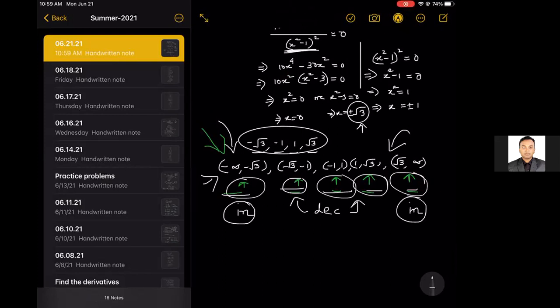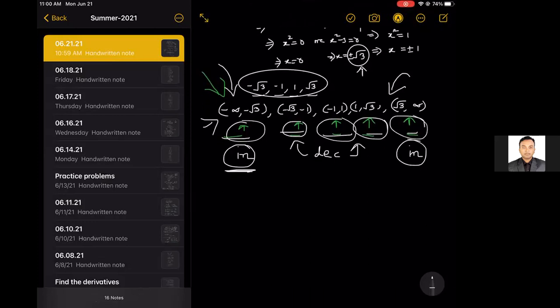Is there anyone else who has a different result? So all of you agree with this? That means it's increasing from negative infinity to negative square root of 3 and from positive square root of 3 to infinity. And in the other 3 intervals, it's decreasing. Okay, let's just agree with Matthew.